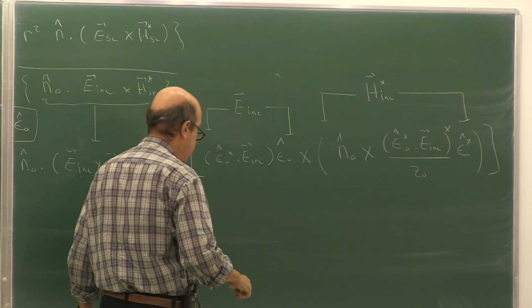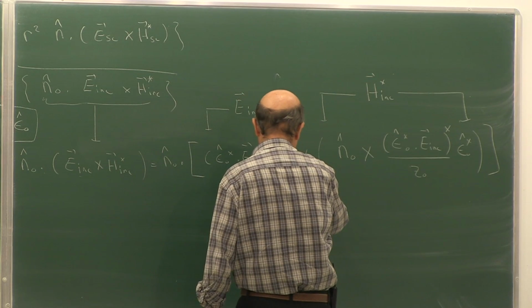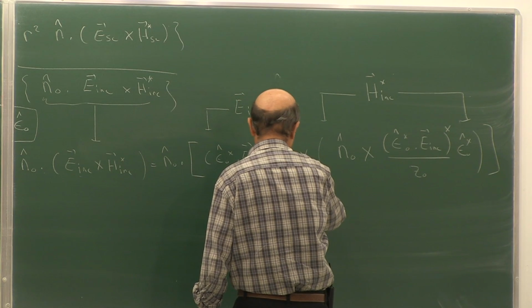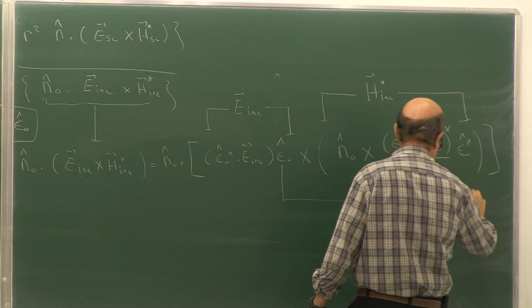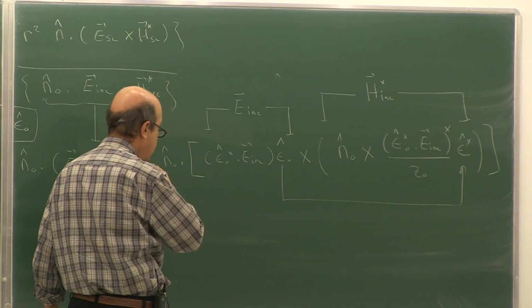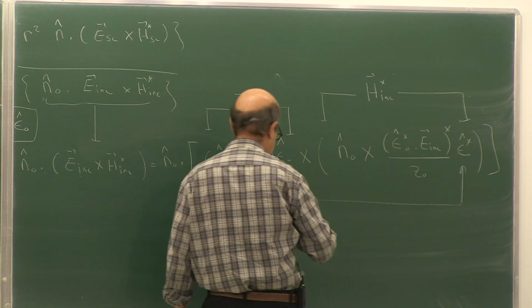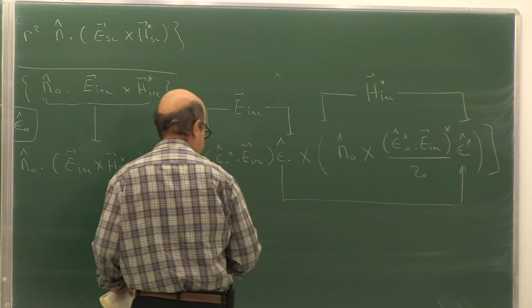So what we did last time, we have a double cross product here. The first term will be A dot C, first term, and the last term of the scalar product along N0.